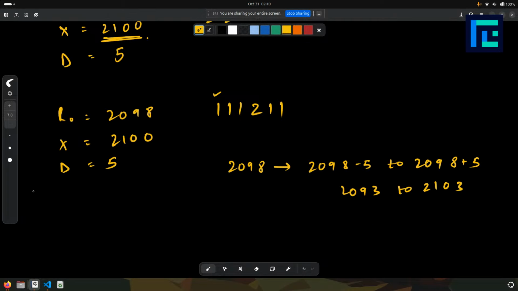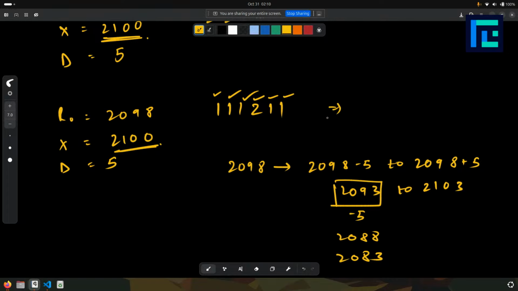Well, in this test case our rating is already less than X, but decreasing it wouldn't be of any harm. So let's go to 2093, and then we can go to 2088, and then we can go to 2083, and so on. So basically we can participate in every contest. So this is 6.